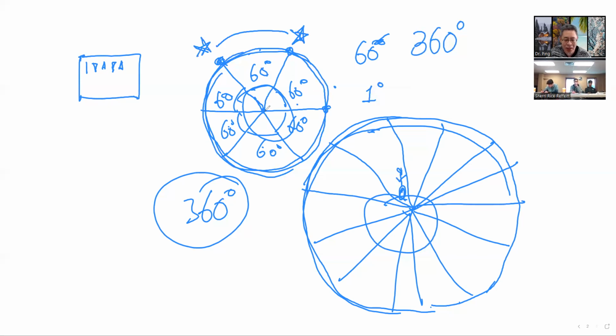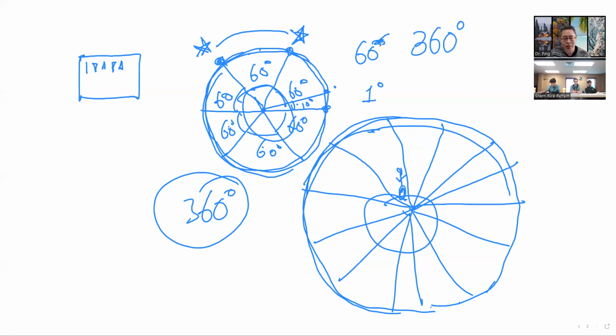Sometimes it's less, maybe just 10 degrees in a day. But they now have a way to record it, so later on people can look at it and work out how many years this star takes to go through the whole circle and come back to where it was. They have very good records, and that is the measurement we have.